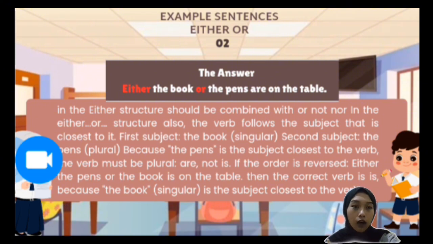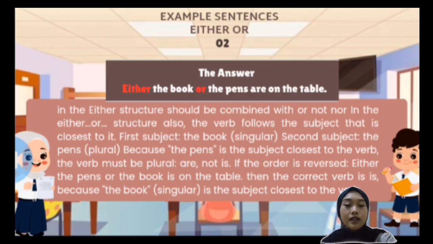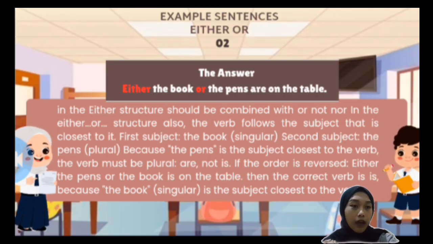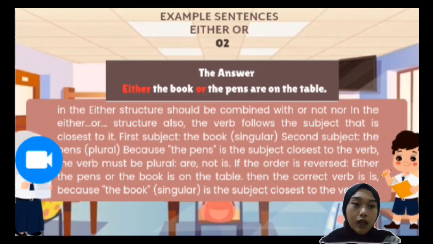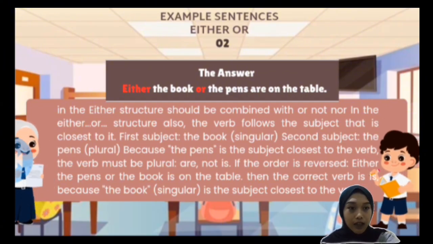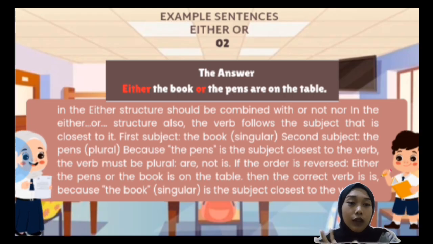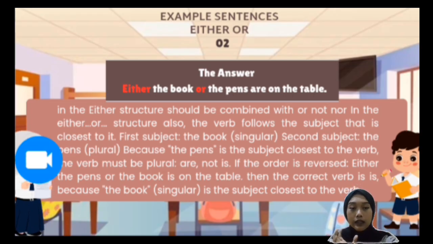If the order of the subjects is reversed, either the pens or the books is on the table. Now, the closest subject is book, singular, so we ask, is singular, verb is.